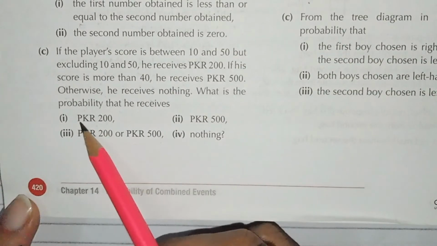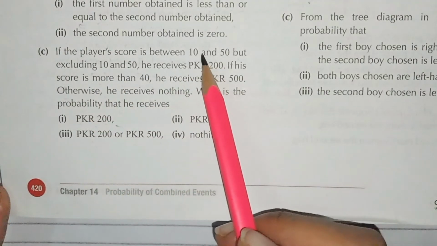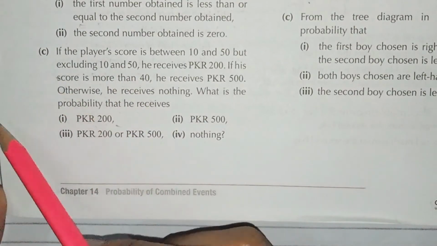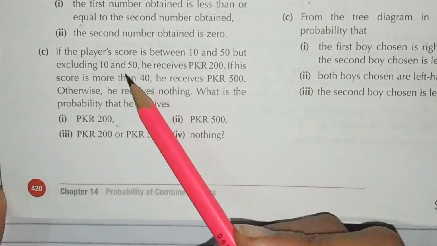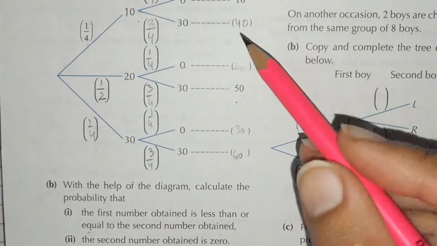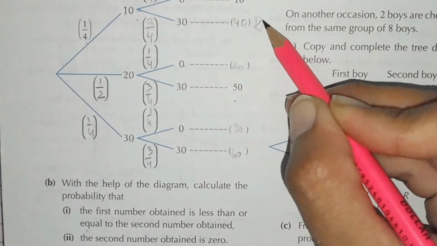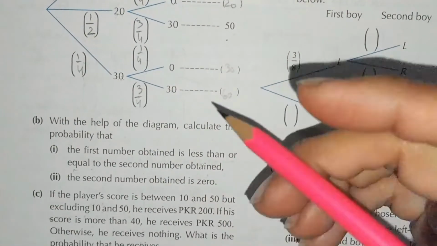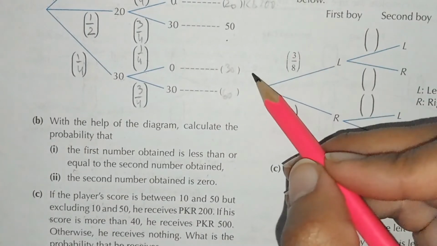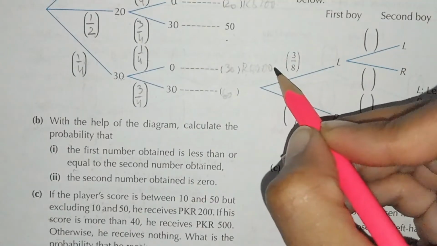Now students, part number 1, rupees 200. For 200, the player's score is between 10 and 50, excluding 10 and 50 values. In between 10 and 50 we are talking about, and this probability is for rupees 200, this is also for rupees 200, and this is again for rupees 200.